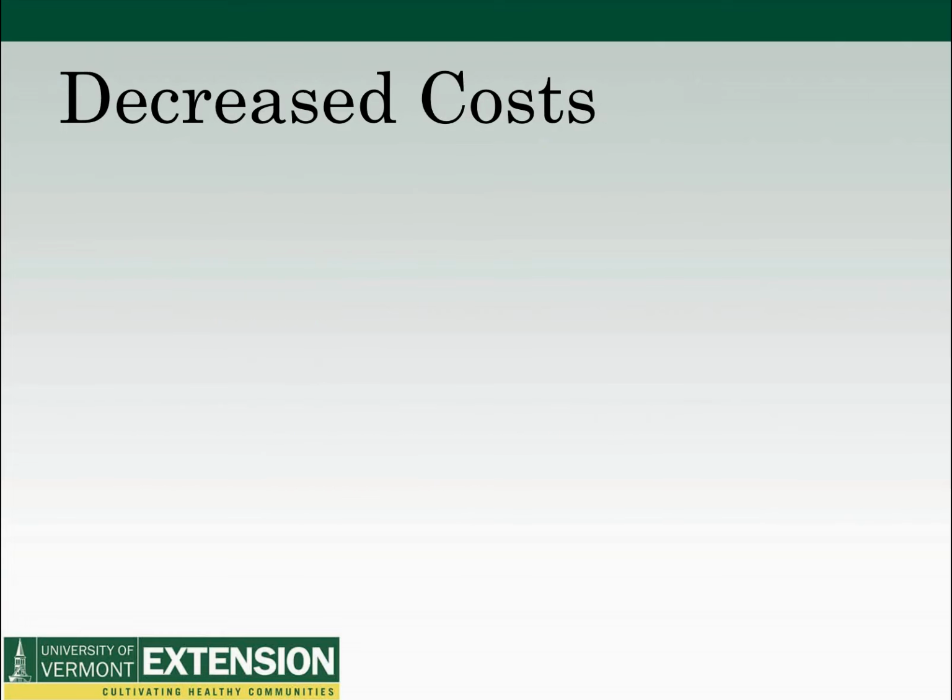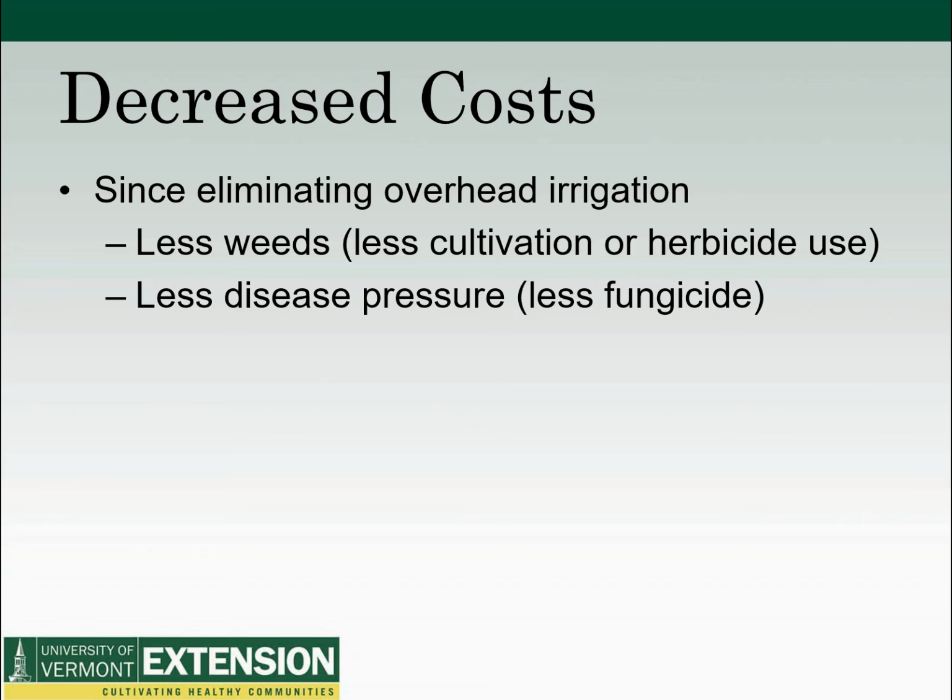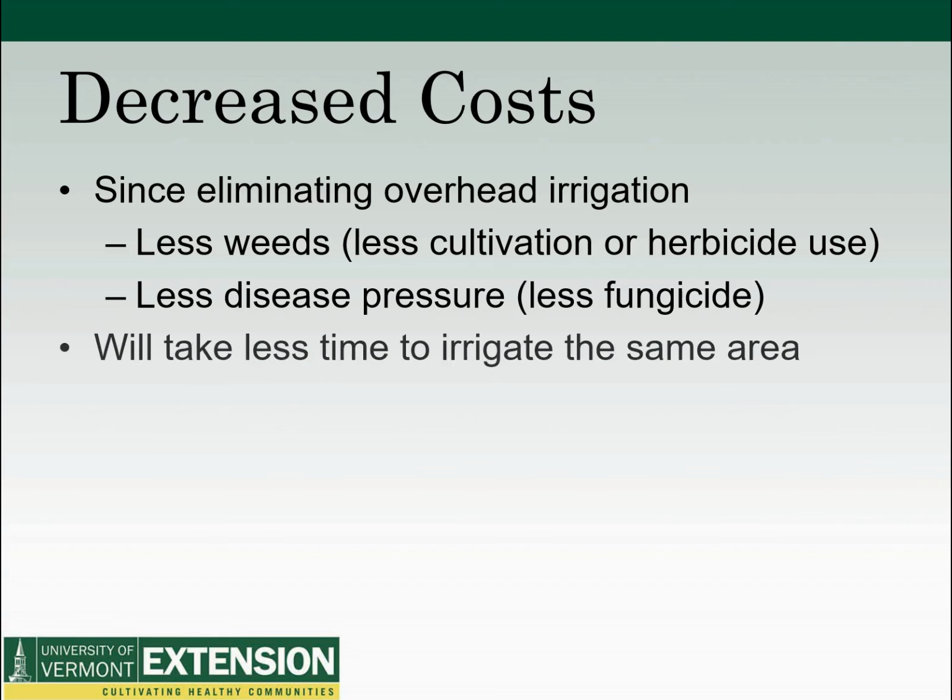They also estimate that there may be some decrease in costs too. Since they're eliminating overhead irrigation, there's going to be fewer weeds, especially in between the rows of plastic, so there'll be less need for cultivation or herbicide use. And since the crop, the tomatoes in this case, are staying drier when irrigating, there'll be less leaf wetting, therefore the risk of disease pressure is less, and we're taking that into account slightly in thinking about our decreased costs.